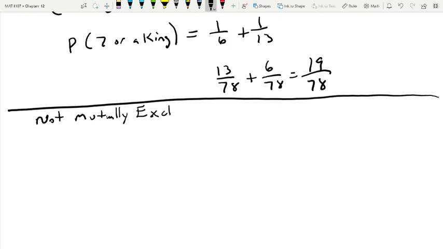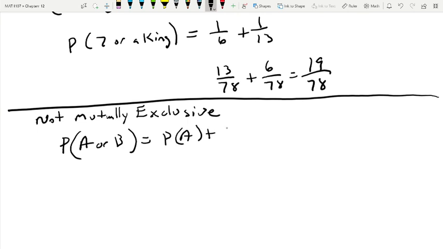And so now we have this, that the probability of A or B is going to be the probability of A plus the probability of B minus the probability of A and B.